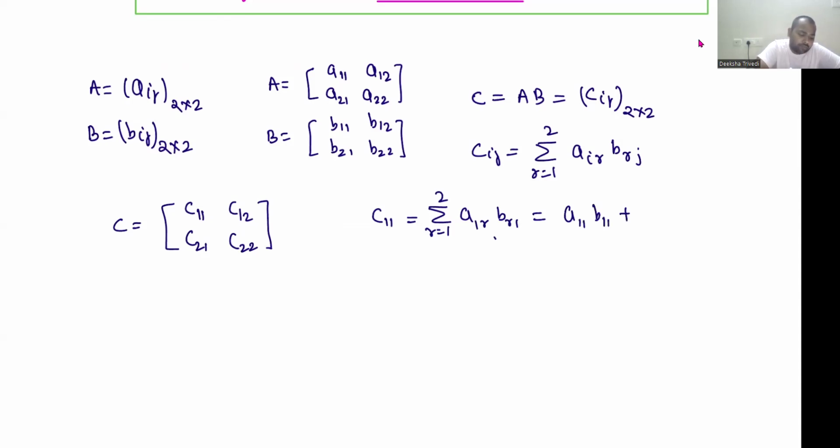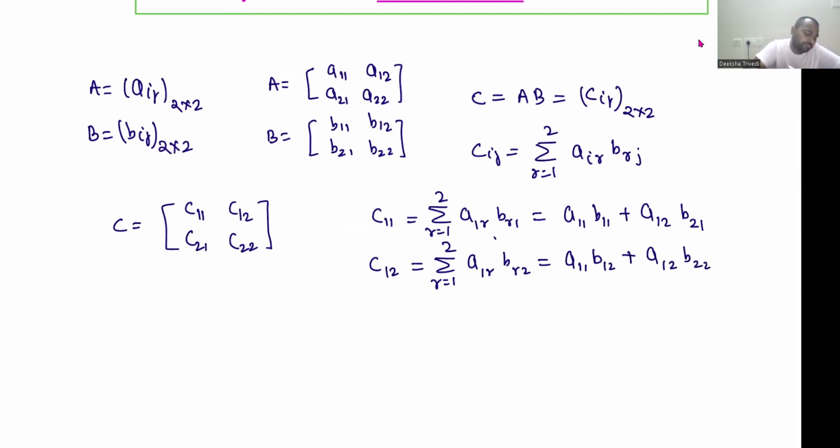We substitute k equal to 2, A12, B21. Similarly, we define C12. This is nothing but sigma k equal to 1 to 2, A1k, Bk2. Now again, if we substitute k equal to 1, A11, B12 plus A12, B22.